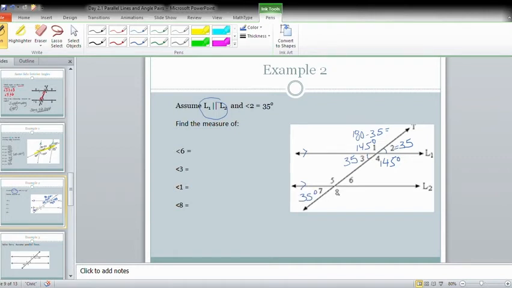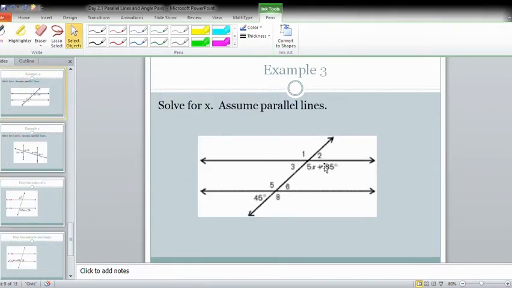And angle 1 and angle 8 are alternate exterior angles, so those are also going to be congruent. And then I can fill in the other two based on vertical angles. So angles 5 and 8 are congruent, and angles 7 and 6 are congruent. So again, once you figure out one, it's pretty easy to figure out the rest once you know the relationships.